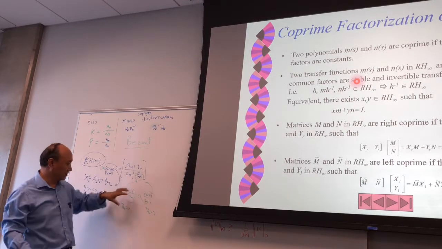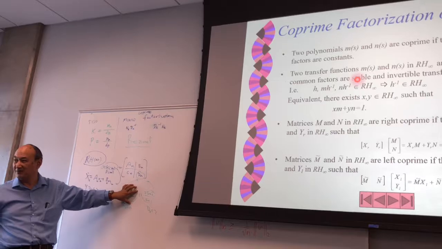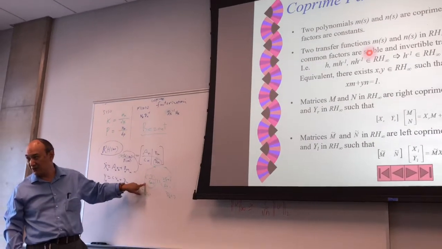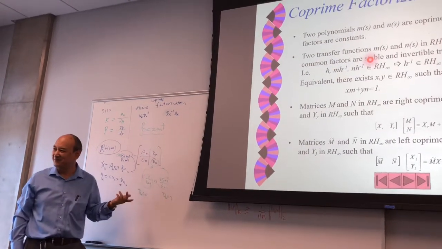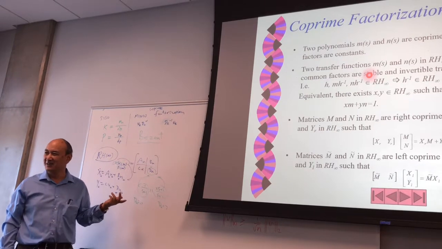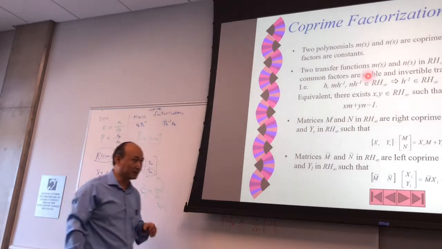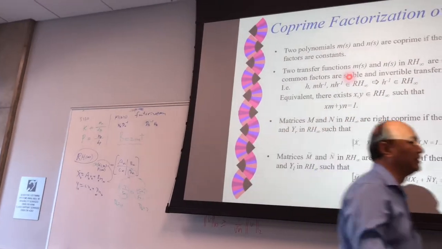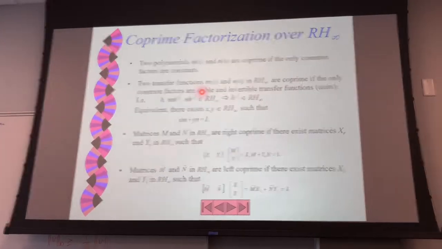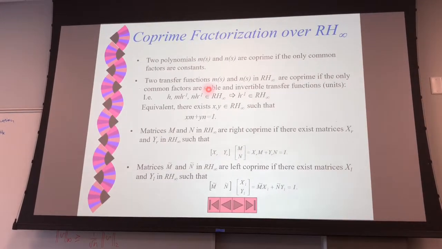But not this one. This guy is in RH infinity, but its inverse is not. So it's different. That's why lead-lag compensation makes some sense, since it has relative degree 0.